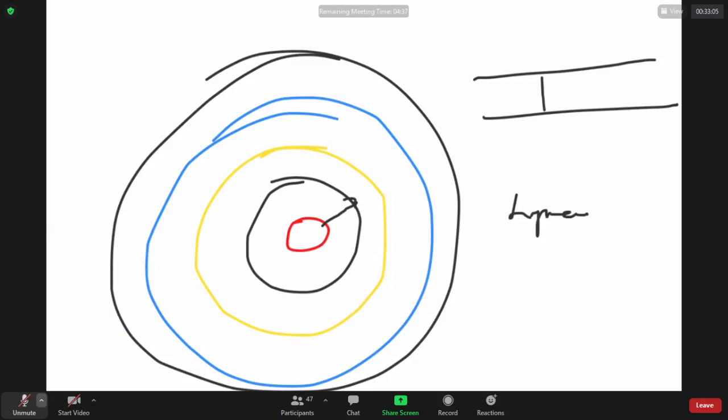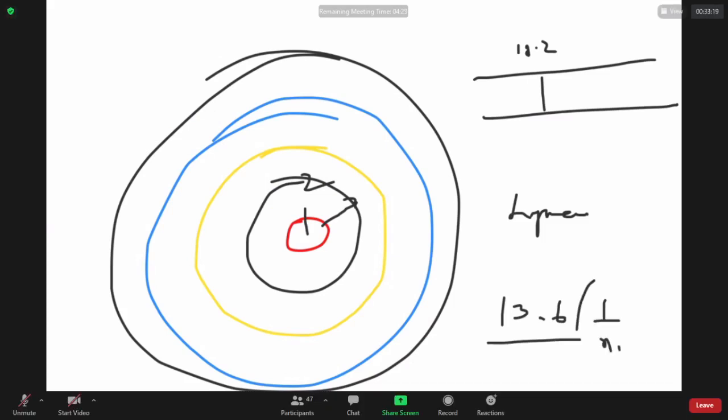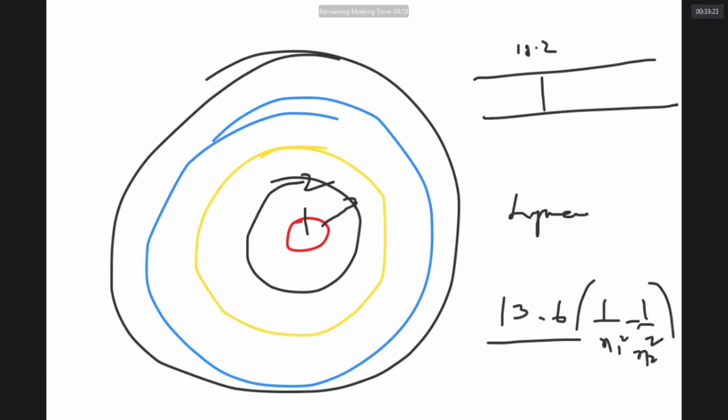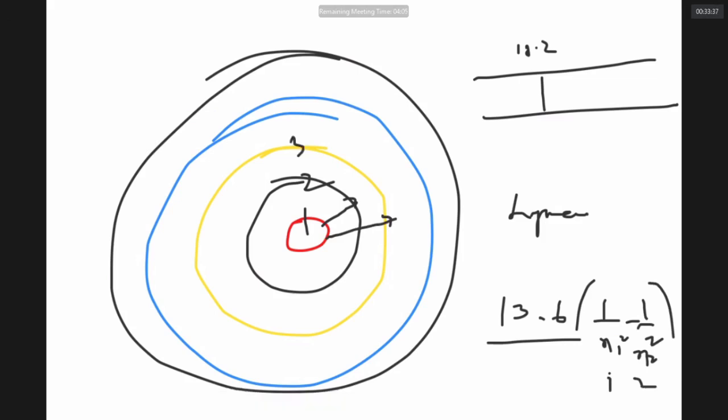The energy difference between level 1 and 2 is 10.2 eV, because you have a formula to calculate: 13.6 times (1/N1 squared minus 1/N2 squared) will give you the energy difference. You put N1 as 1, N2 as 2 and calculate. Similarly, if you put N1 as 1 and N2 as 3, you will get the energy corresponding to the second line.